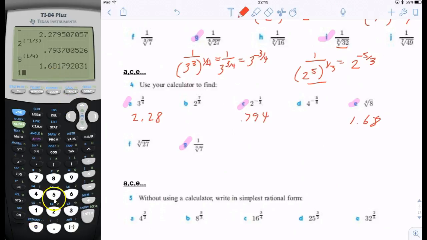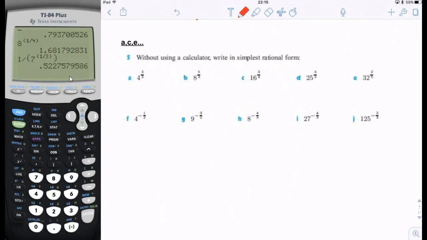So it would be 1 divided by, I'm going to use parentheses around the denominator. So I'm going to put 7 cube root. 0.523. Okay? All right.